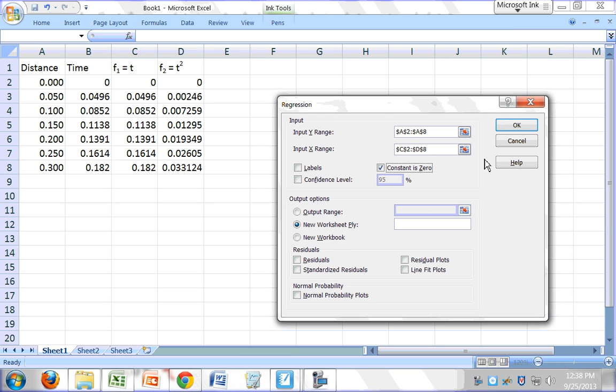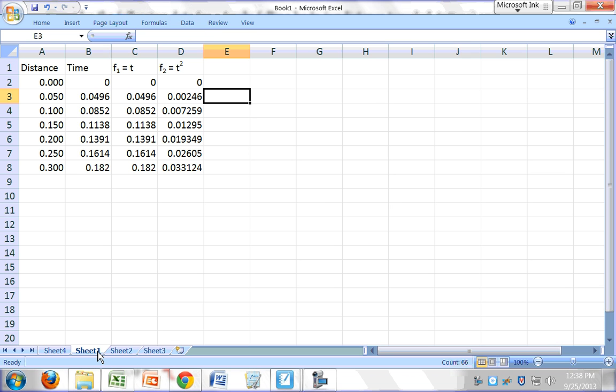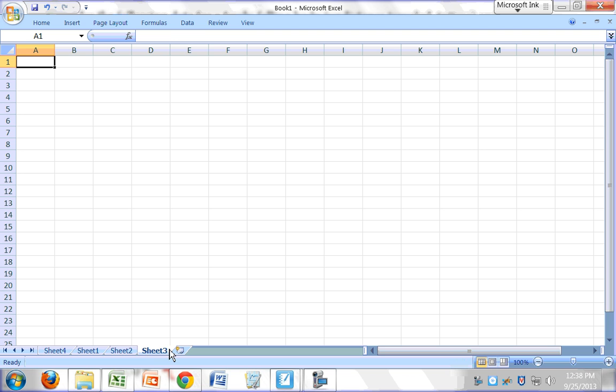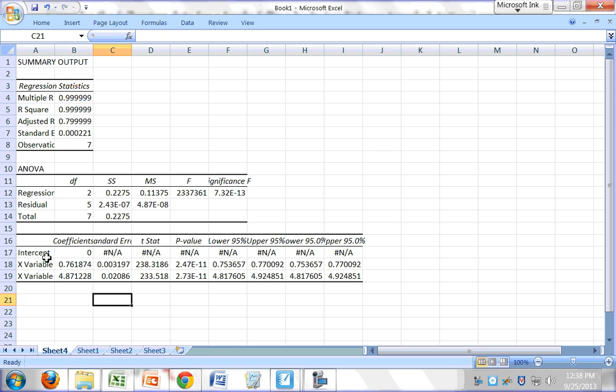And then when you hit OK, it's going to give you the result in a different sheet. So if I hit OK, look, we had our original numbers in Sheet 1, then Sheet 2, Sheet 3, that's how Excel comes up by default. It created a new sheet, Sheet 4, where it puts the results of the regression.